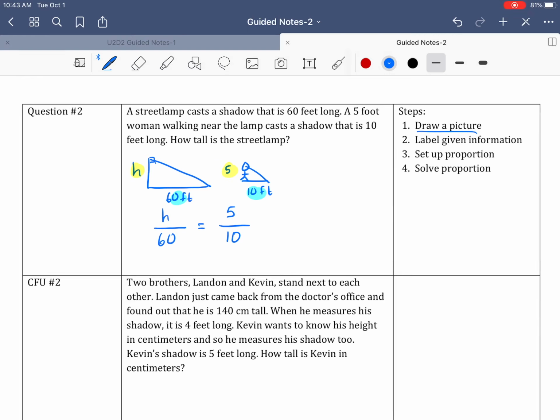So we put them so that they are linked together here and here. Now when we solve a proportion, we need to cross multiply. So we have 10h equals 300, and we get h equals 30. So we get that the height is 30 feet.